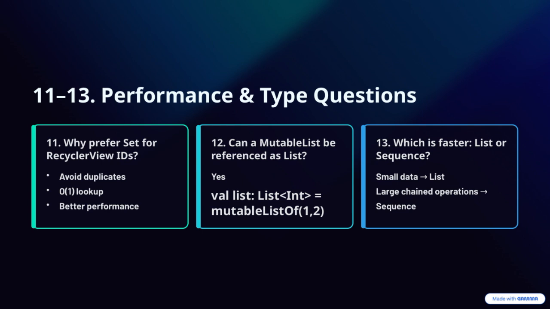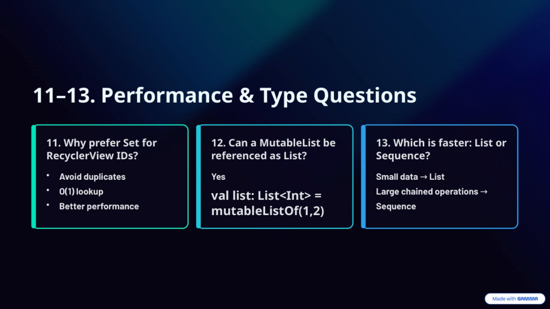Next, can a mutable list be referenced as a list? Absolutely. Since MutableList is a subtype of List, you can reference it as a List to enforce read-only semantics when needed, which helps with safer code design. Moving on to avoiding duplicates, using a set is advantageous because it inherently prevents duplicates. Plus, lookups in a set are O(1), meaning they are very fast, making sets ideal for performance-critical scenarios like managing RecyclerView IDs.